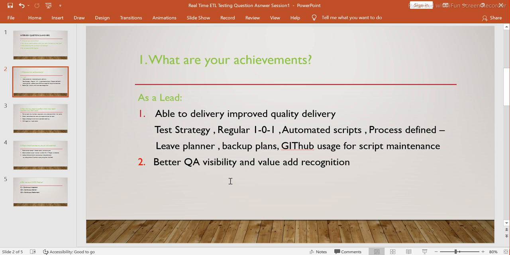It's not only within our team but also within the program, all across the program, we got a lot of visibility that our team is really adding a lot of value, and we have a lot of capability of doing automation, etc., right? So these are some of the things that I can mention.